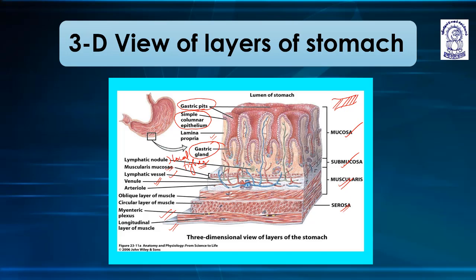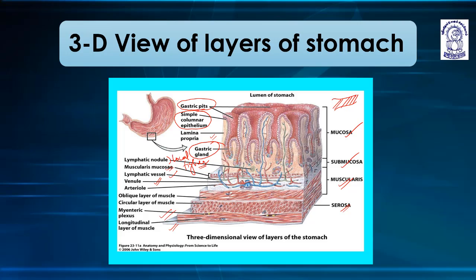The muscularis mucosa is the region which connects the mucosal region to the muscularis region. So mucosa is followed by submucosa, and submucosa is followed by muscularis mucosa, which connects the submucosa to the muscular layers, then the muscularis layer, and then the serosa layer. So these are the layers of the stomach.